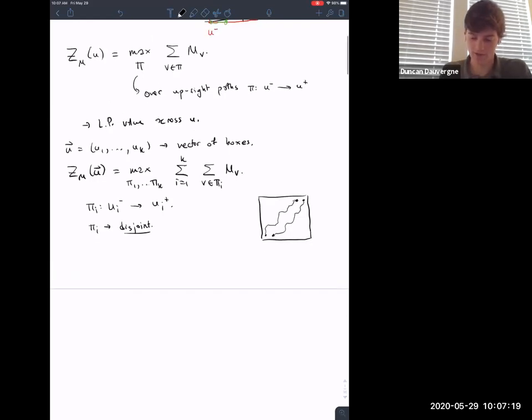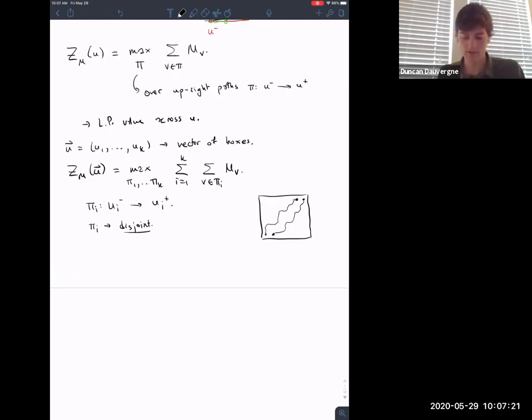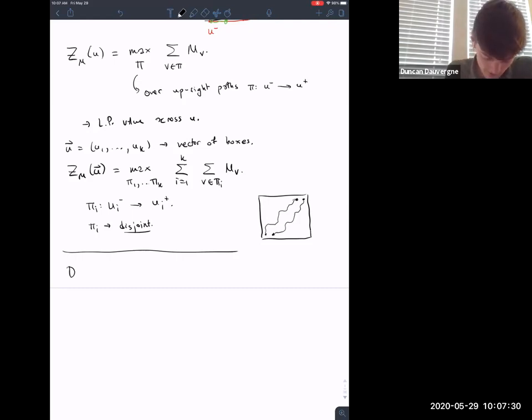Okay, and then the other part of the talk is about directed polymers. And again, the context is going to be directed polymers on Z2. I'm going to define the directed polymer partition function in almost exactly the same way.